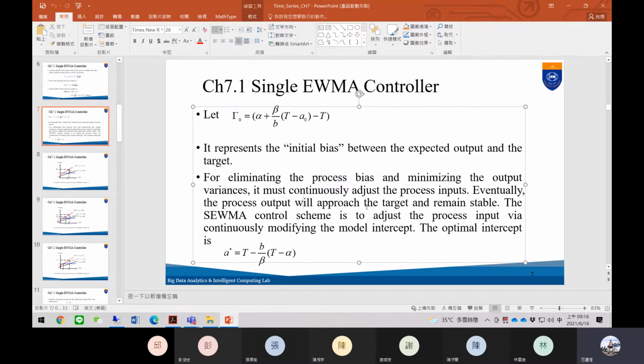So it must continuously adjust the process input, run-to-run style, and eventually the process output will approach the target and remain stable. The single EWMA control scheme adjusts the process input continuously by modifying the model intercept like this.